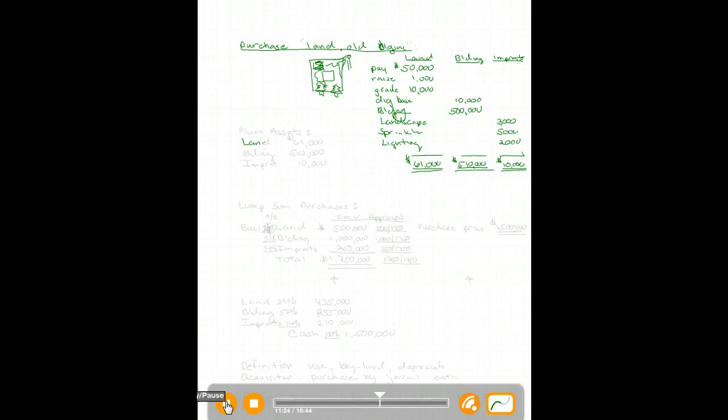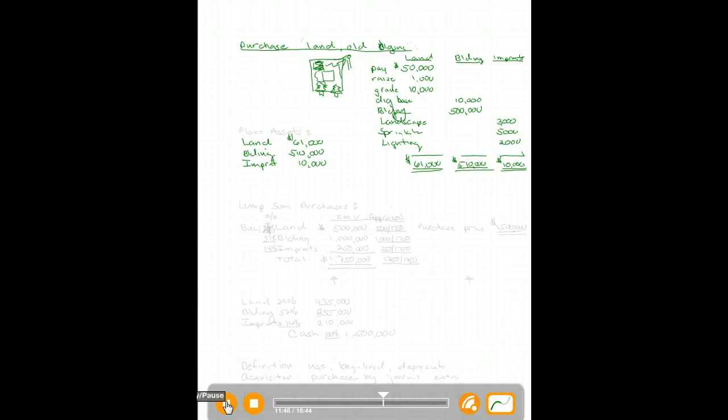We would have land, which doesn't get depreciated, at $61,000. We would have the building, which does get depreciated, at $510,000. We would have land improvements, which do get depreciated, at $10,000. They would get depreciated at separate amounts.